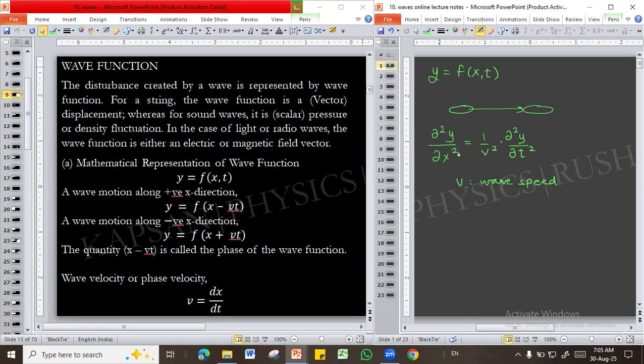For this equation to be satisfied, we need y to be a linear function of position and time. So you can call it ax ± bt. If you make this a equal to 1, then this b will become b/a, and you can call it v.